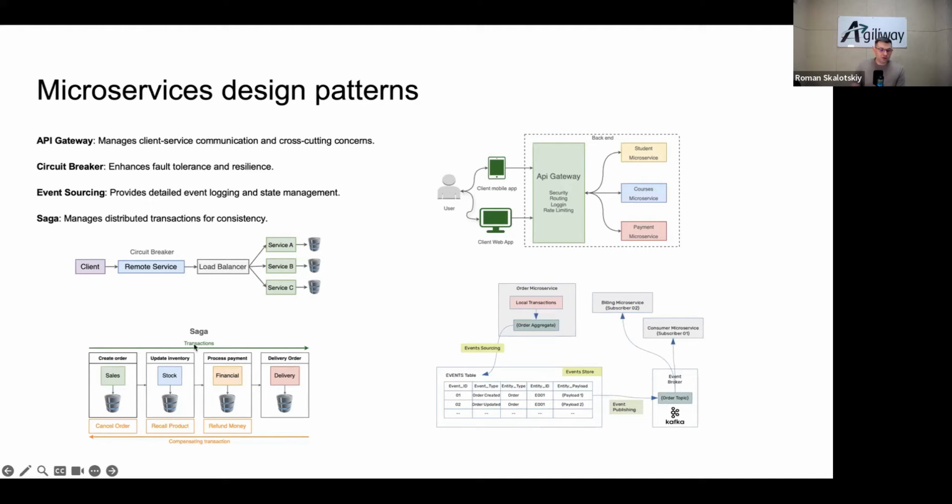First is the pay transaction. This transaction consists of create order, update inventory, process payment, and deliver order. And the second one is the compensation transaction, which consists of refund money, recall products, and cancel order.